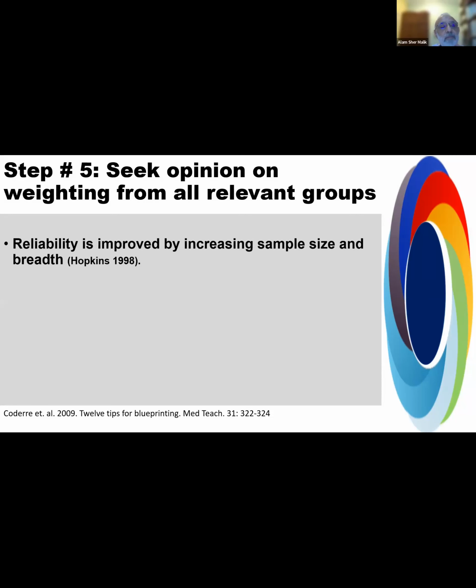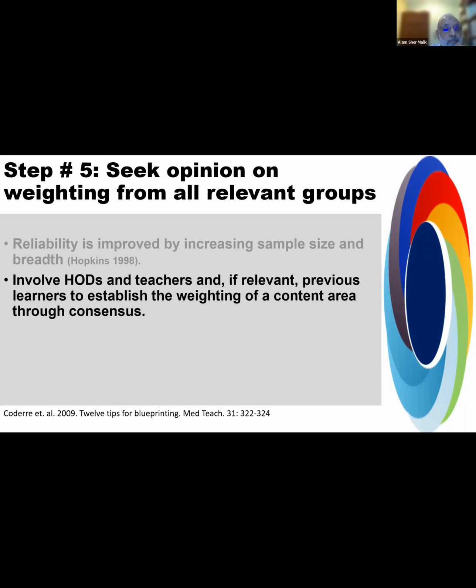And then once it has been done, the whole department should agree to that, and reliability is improved by increasing sample size and breadth. So the more people involved, especially when we discuss the impact and frequency, if all the people in the department are involved, that would make it more reliable.